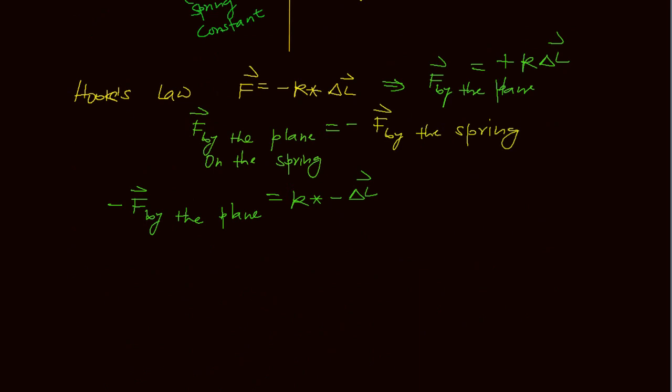So again, this F is equal to K delta L. So it's very important to understand that Hooke's law is from the perspective of the body that the spring is working on.